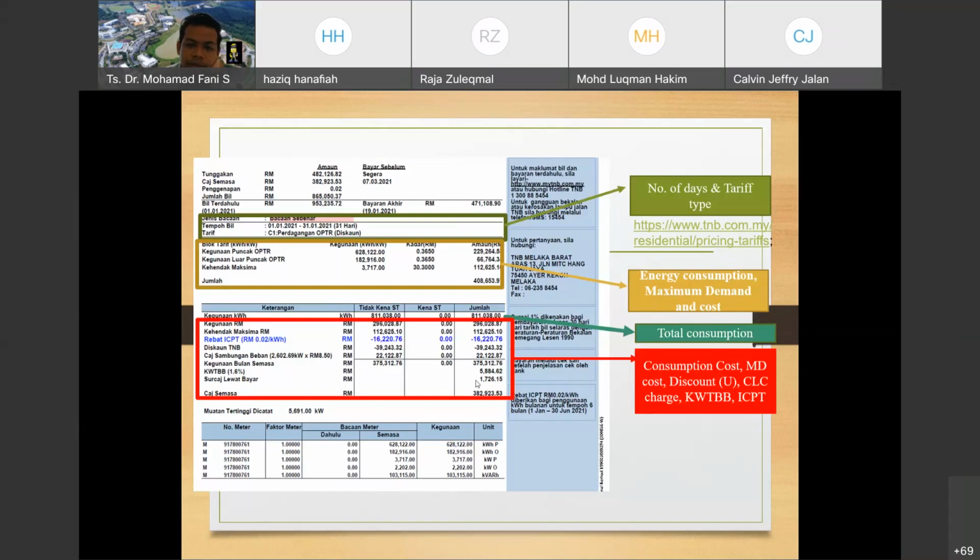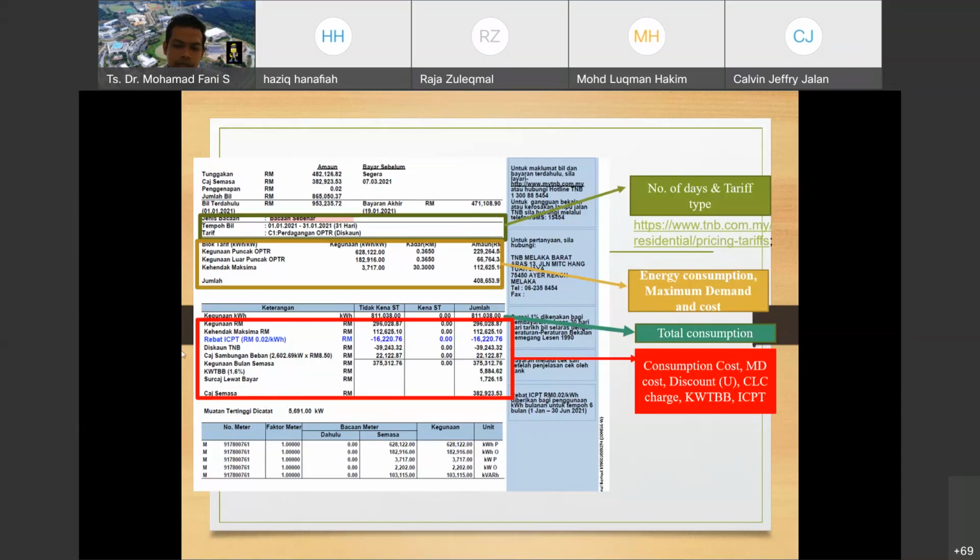Especially for government buildings, because we close our account for December, and when we open the account there is some delay in payment. So TNB will charge about 1,700. This is another component of the billing charge.